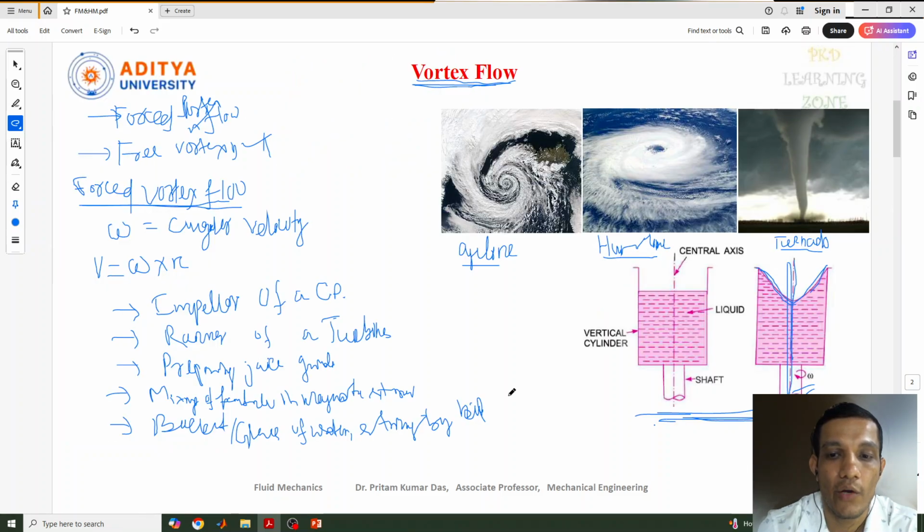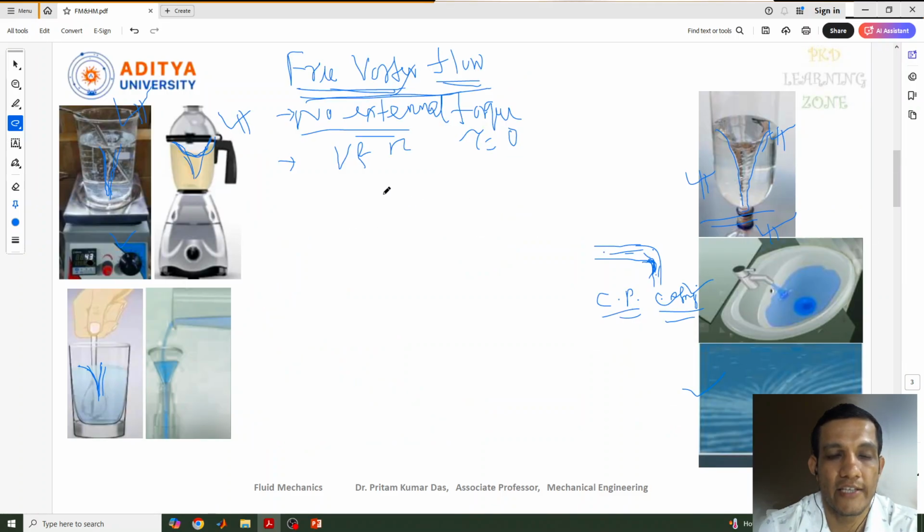Previously, we had the velocity as angular velocity into the radius of rotation. But in this case, torque is 0, so you won't get that.